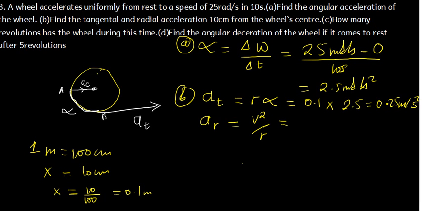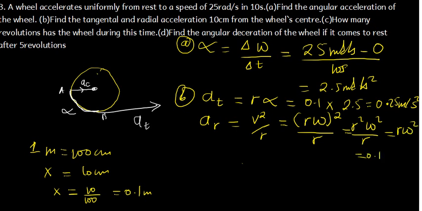We know that anything linear is just radius times the angular counterpart, so squared, and then divided by the radius. That is going to give us r squared omega squared divided by r. So the formula just becomes r omega squared. The radius we know is 0.1.